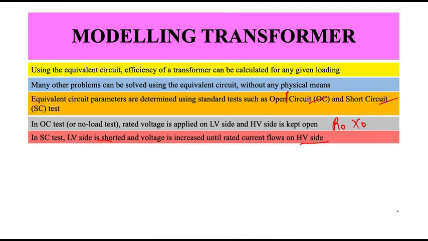That is usually given in your problem statement, or if you look at your physical transformer, you will have it as a rated current, so the supplier would give you that.